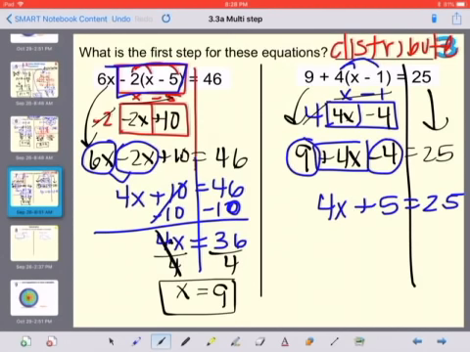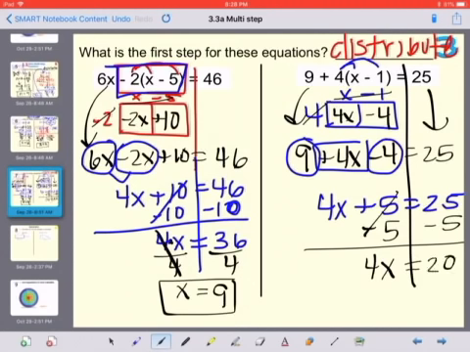Undoing our order of operations, getting rid of adding and subtracting, I'm going to subtract 5. 5 minus 5 is 0, so we have 4x equal to 20. And then last, the opposite of multiplying by 4 is dividing by 4. So x equals 20 divided by 4, which is 5.